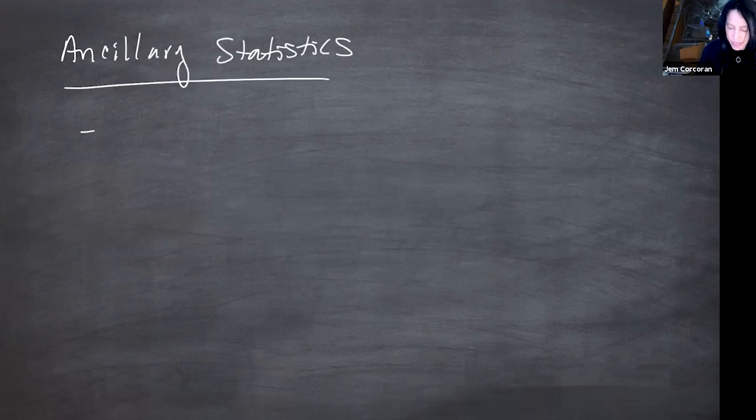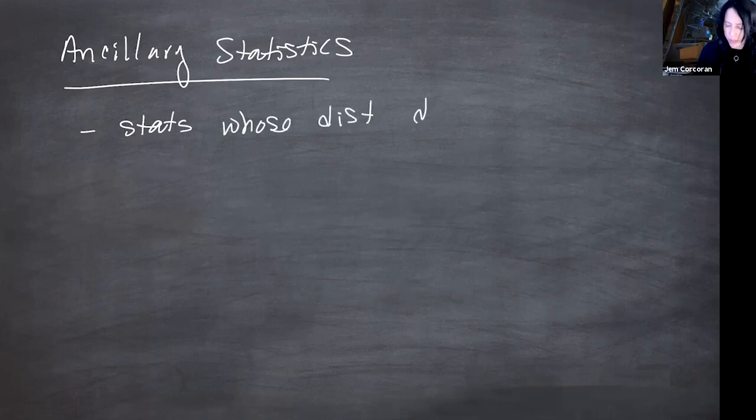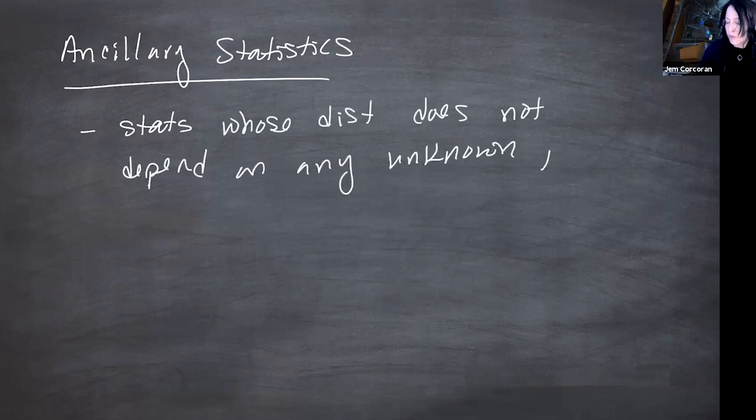So to that end, I want to talk about something called an ancillary statistic. These are statistics whose distribution does not depend on any unknown parameters. Now remember, statistics are not like pivotal quantities. They cannot have parameters in them.